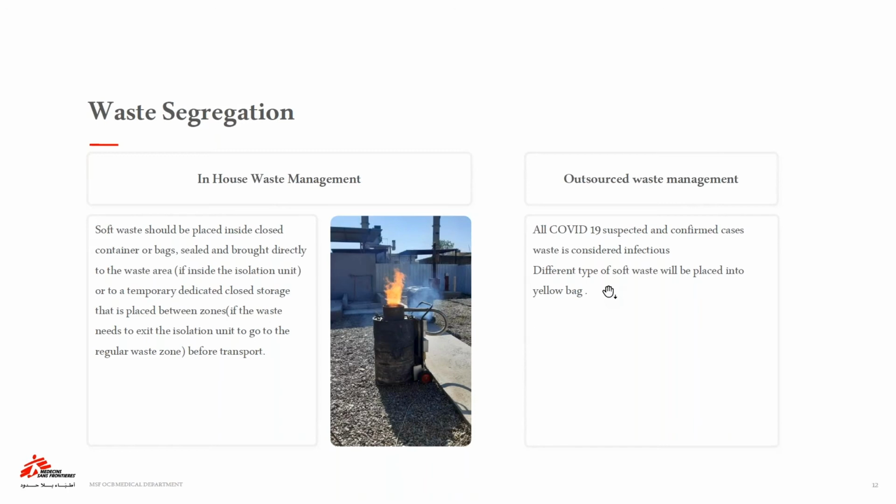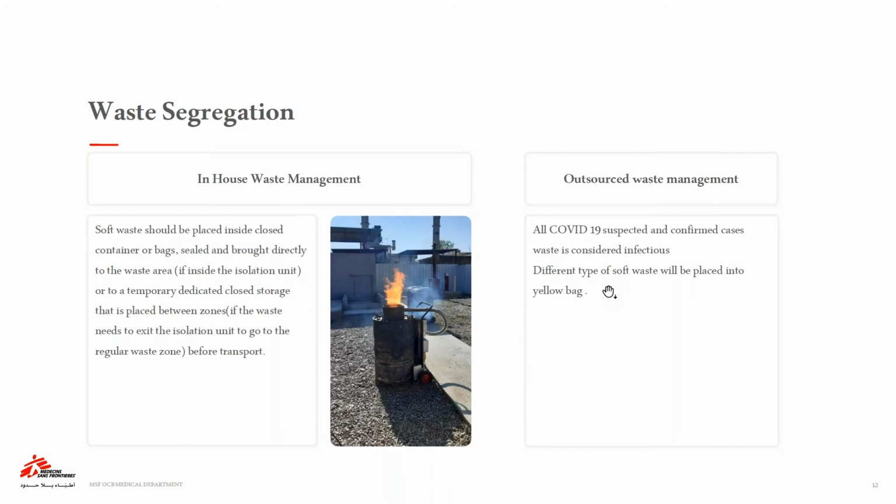For example, if it is temporary holding, it will be inside the isolation unit. And then from the isolation unit it will be taken to the main waste zone, where it will be stored and dealt with accordingly.